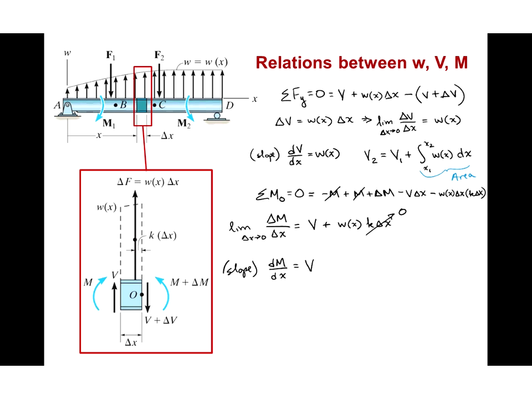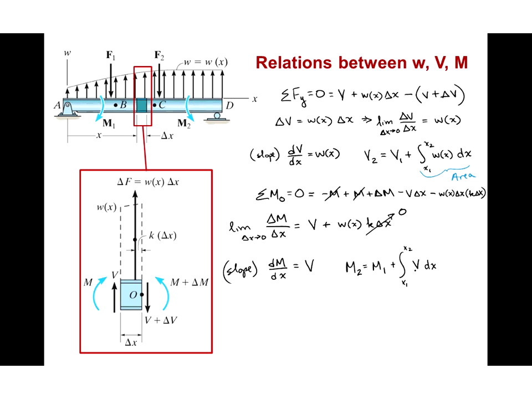Or in other words, our conclusion is similar to that above, that the slope of the bending moment diagram at any point is just equal to the shear force at that same point. And just like above, if we wanted to integrate, we would find that M2 is equal to M1 plus the integral from x1 to x2 of V dx.